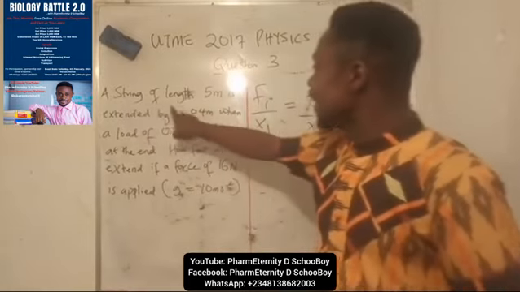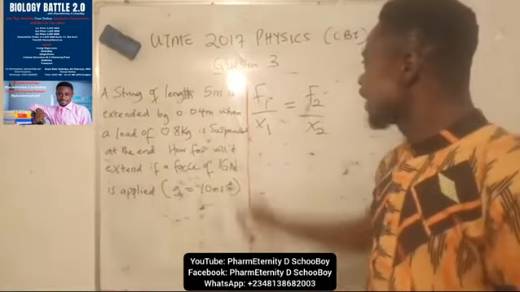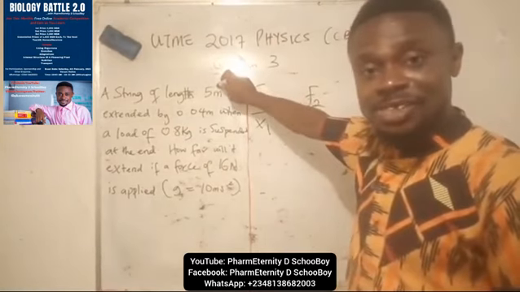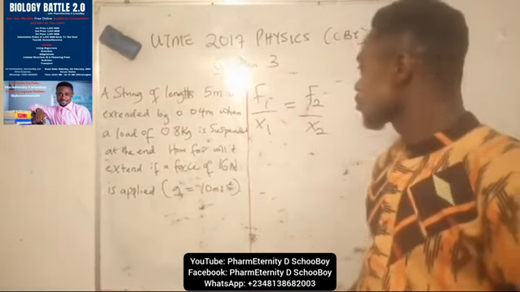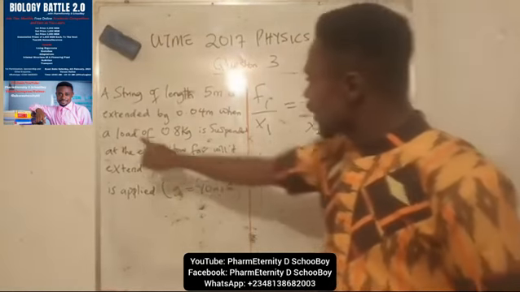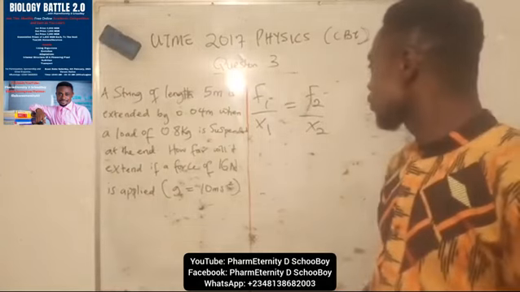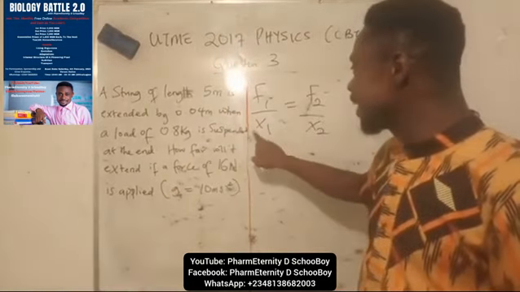A string of length 5 meter. This is the original length of the string. It extended by 0.04. So this is the displacement.